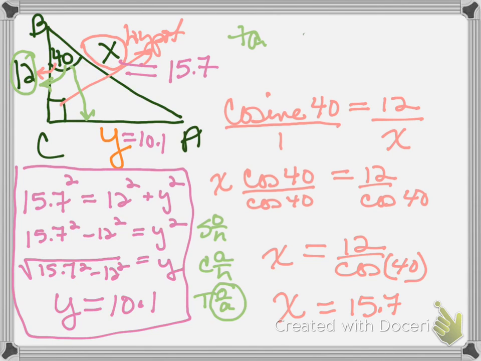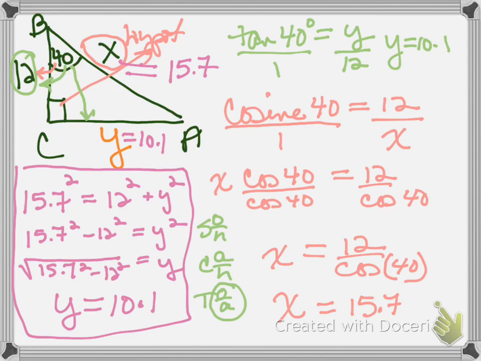The tan of 40 degrees equals opposite, which is the y, making believe we haven't solved for it yet, over the adjacent, which is the 12. So you're going to do your cross products. 12 times the tan of 40 degrees, close your paren, equals, when I do that math, I get y equals 10.1.